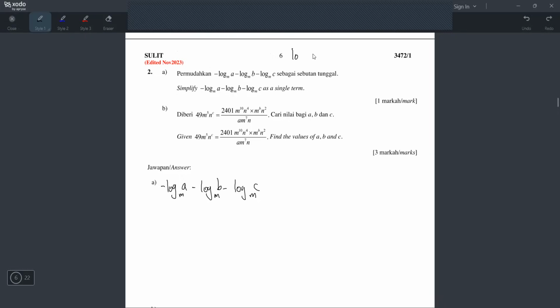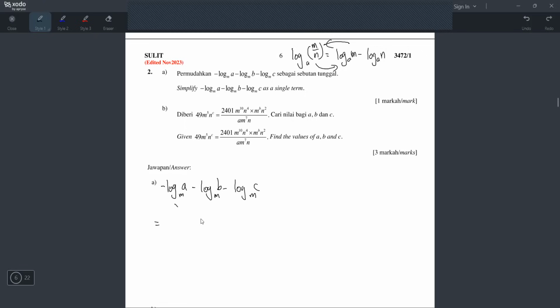If I have log of m over n base a, a single log divide, we can make it separate logs minus, which is log a m minus log a n. You can convert from here to here, and also back. If it's a single log times, then it will be separate logs plus. Since this one is minus, we will use this formula.